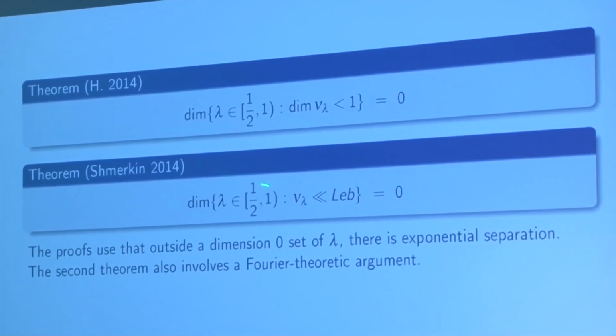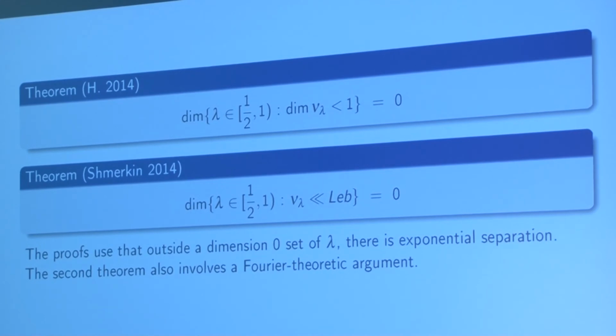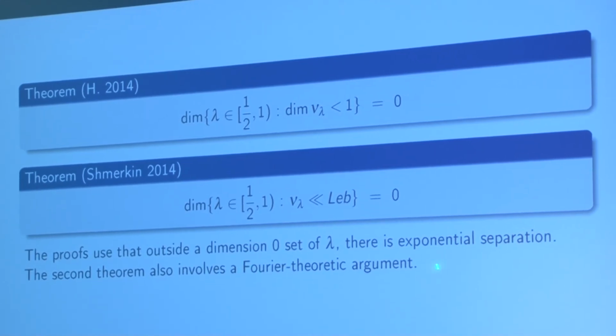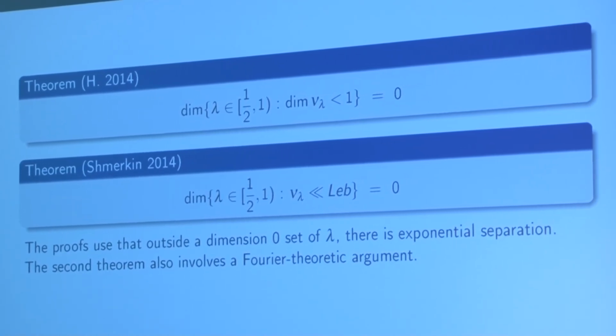And shortly after this, Pablo Shmerkin improved this to show that the dimension of the singular parameters is actually 0. Both of these results use the fact that you can show that the maps that define nu lambda have exponential separation outside a family of parameters of dimension 0. And the absolute continuity comes from an additional clever Fourier-theoretic argument that uses the convolution structure of nu lambda.